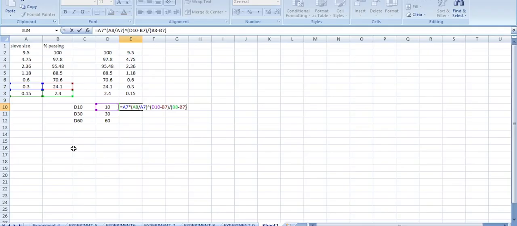Once we are done with this, what we do is press enter and the value will appear. So press enter. It's a mix up somewhere.